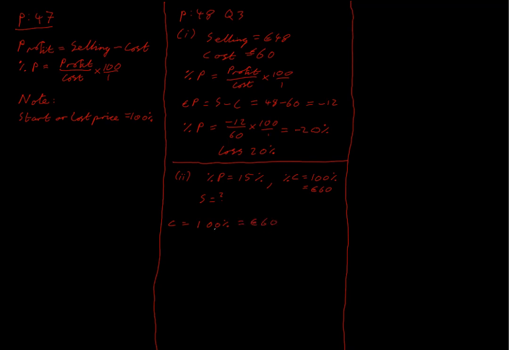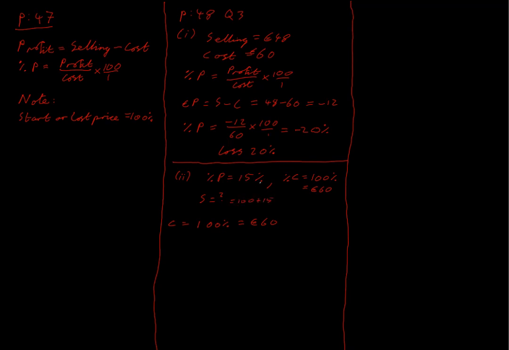This is effectively going to be a ratios question. So just like with ratios, or just like with our currency exchange, what we're going to do is find out what 1% of our cost price would be, and then we're going to find out what 115% would be. So if we start out with the cost price being 100%, then our selling price would be 100 plus 15%.